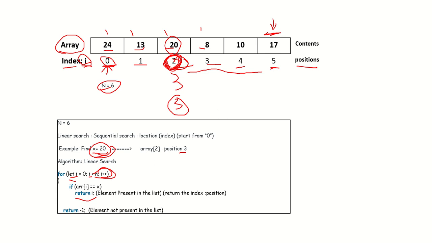So as I said, we have to make our algorithm efficient. That means if we find the element, I have to stop.